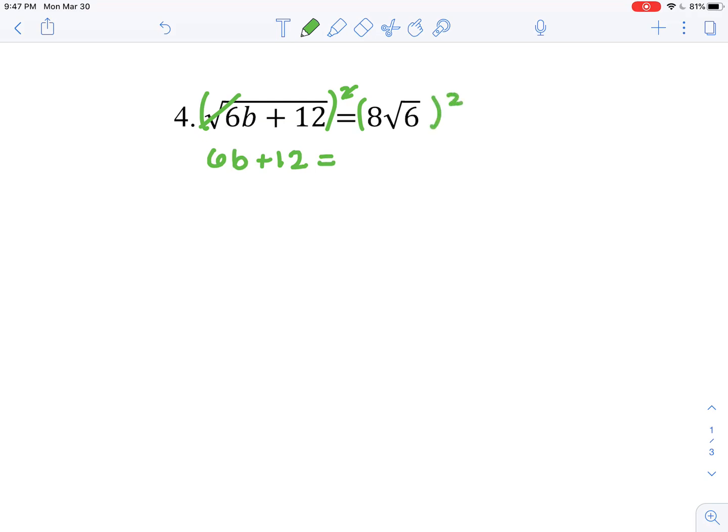When I square the right side of this equation, I have to square everything. So 8 squared is 64. The square root of 6 squared is 6. And those two numbers get multiplied together. 64 times 6 is 384.